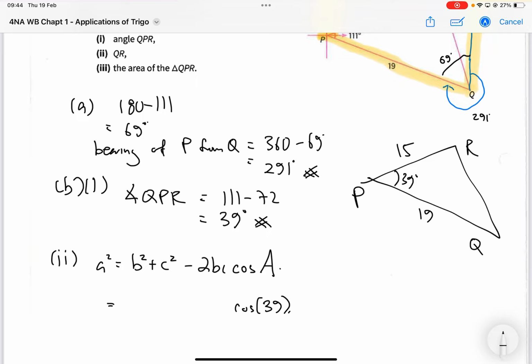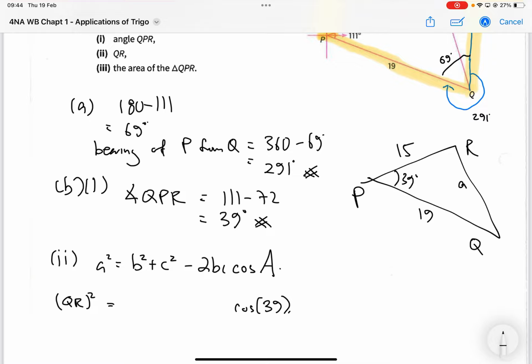Then if this angle is big A, that means the opposite side must be small a. Because A and a, that is the only relationship that is the most important here. This angle means that the opposite side must be this small a. So this one is actually QR. Because this QR is opposite 39.